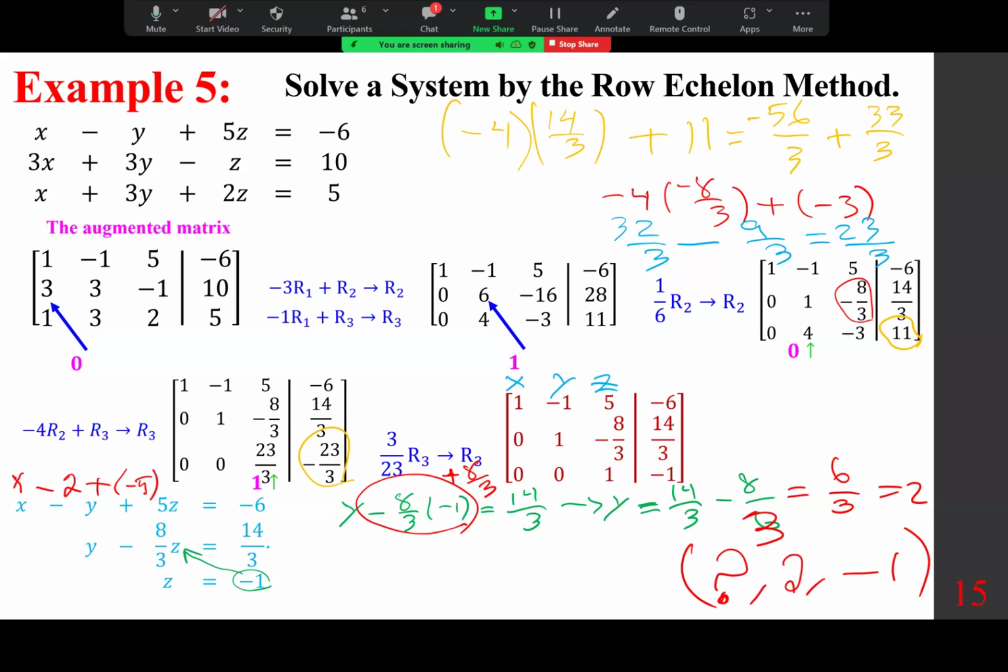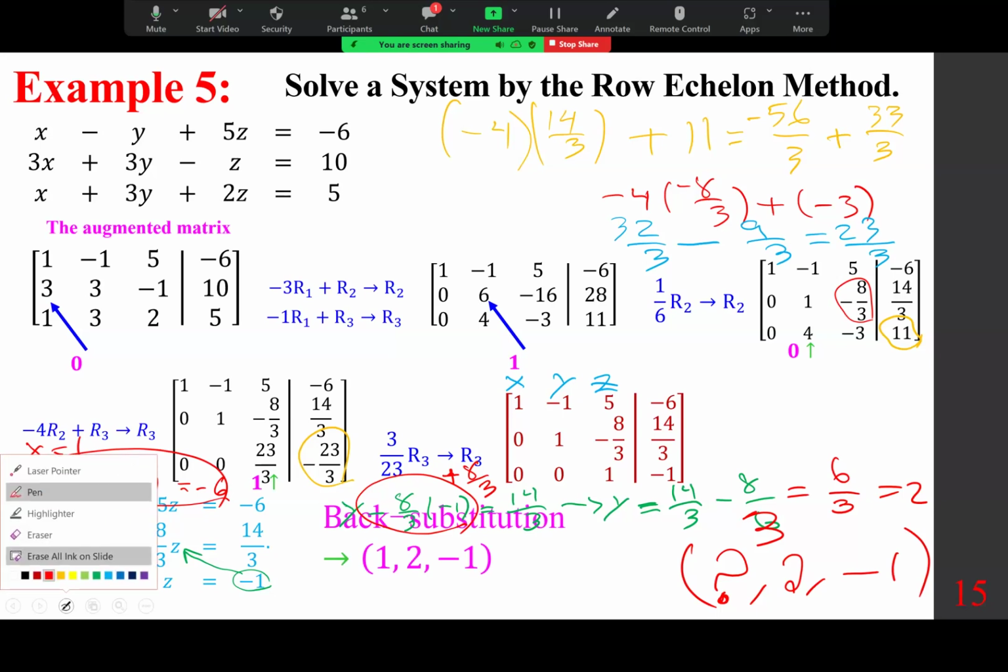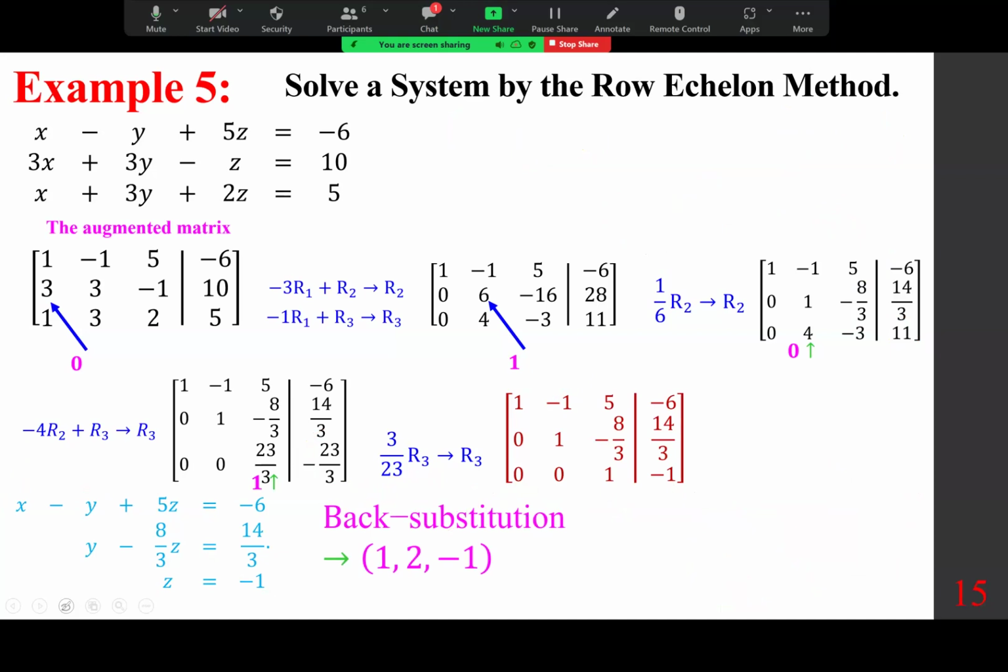Because 5 times -1 equals -5, so x minus 2 minus 5 equals -6. So I hope you see that you end up with 1. So this results in x equals +1. So back substitution will give you 1, 2, -1. I'm going to clean up the mess because I need the space. You can work it out again. The way you work it out is very simple. This is -1, put it here, put z, and then put it in here, find the last variable missing.